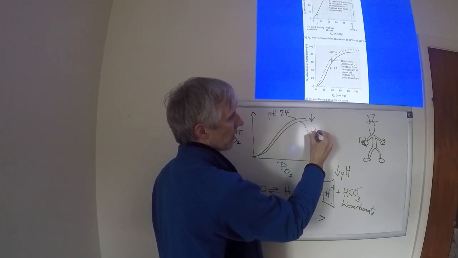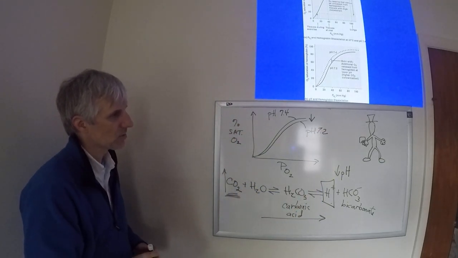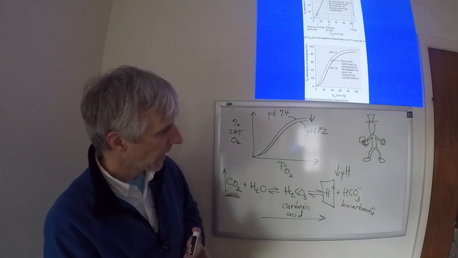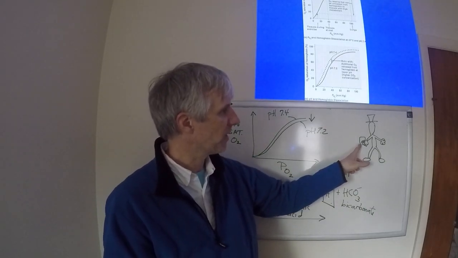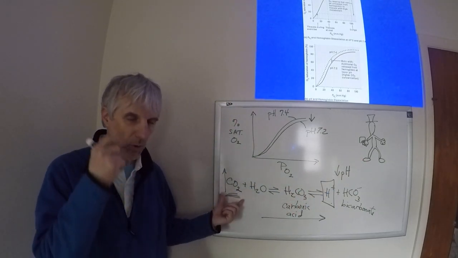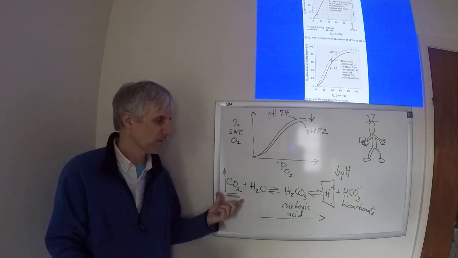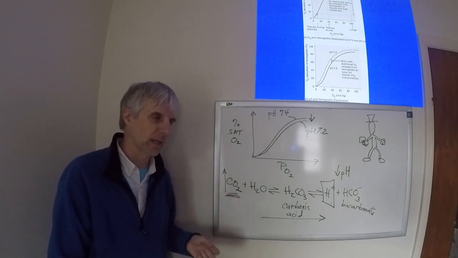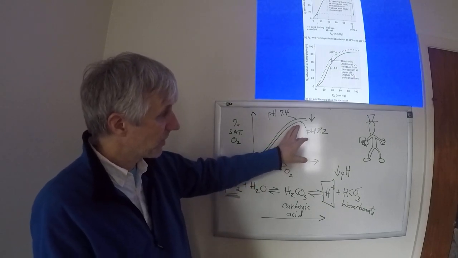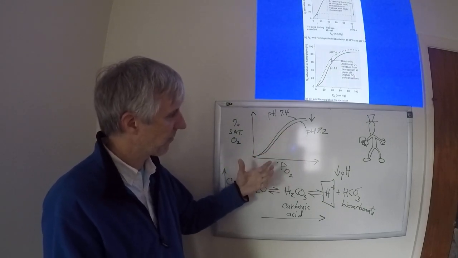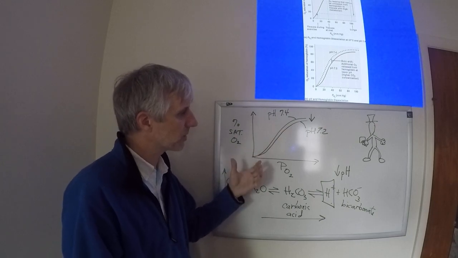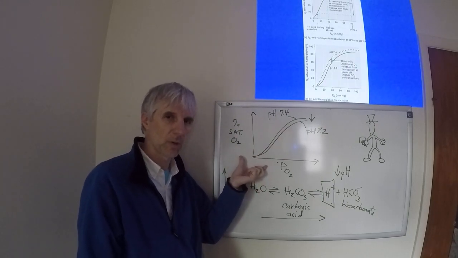This curve here is a pH of 7.2. So we've decreased the pH. The hemoglobin moving through the thumb is moving through a lower pH environment because of the accumulation of CO2 in that tissue.